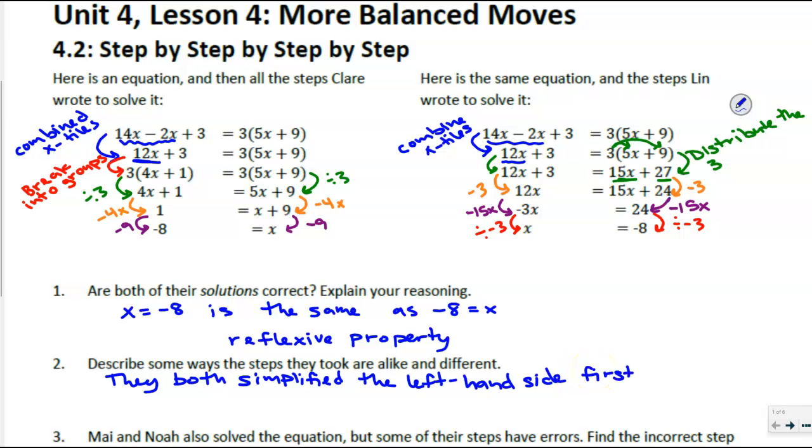But then the steps that they took started to change and become different. Claire factored or broke them into groups.